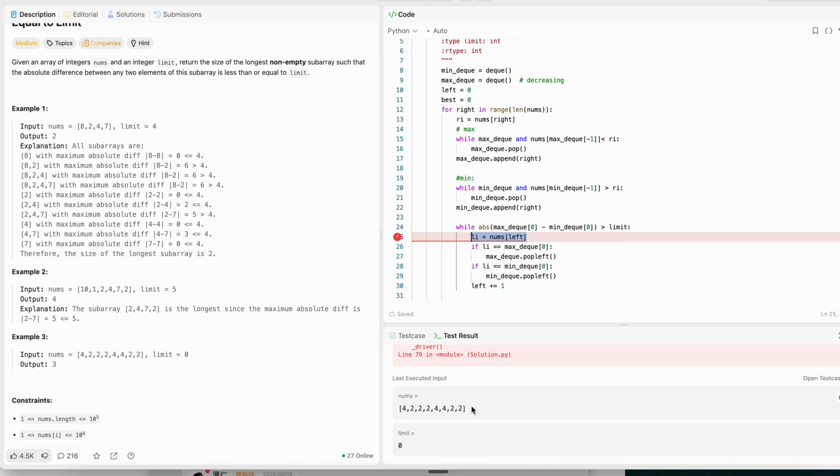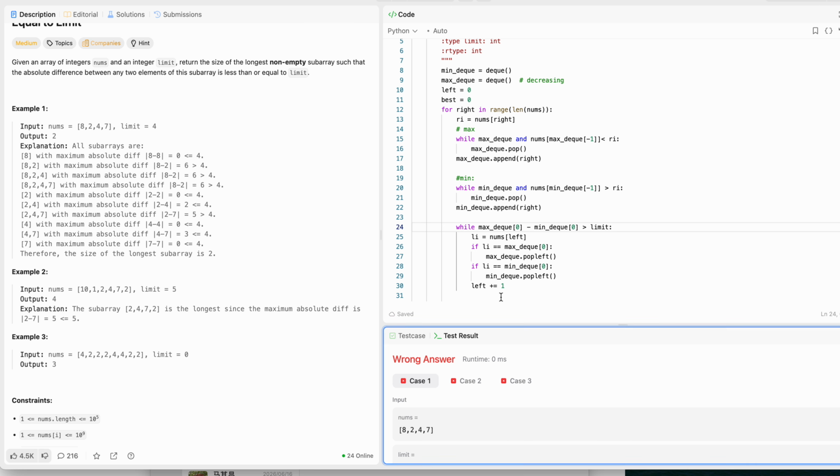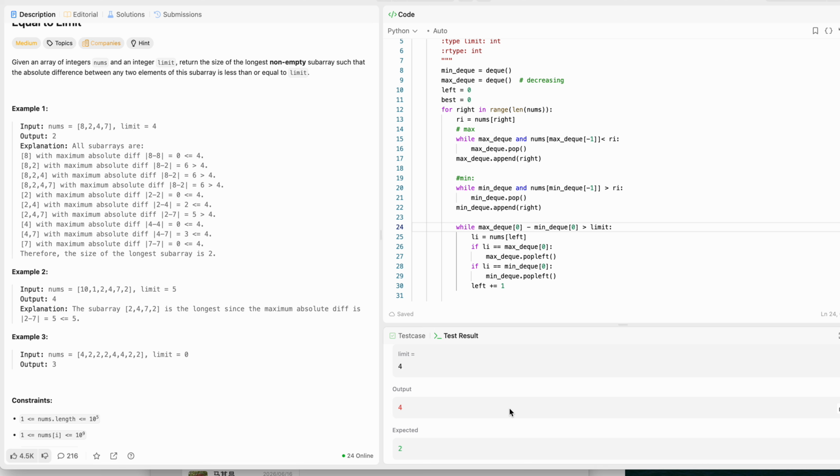Absolute difference. Okay, should I add this absolute? Okay, wrong answer. Why?